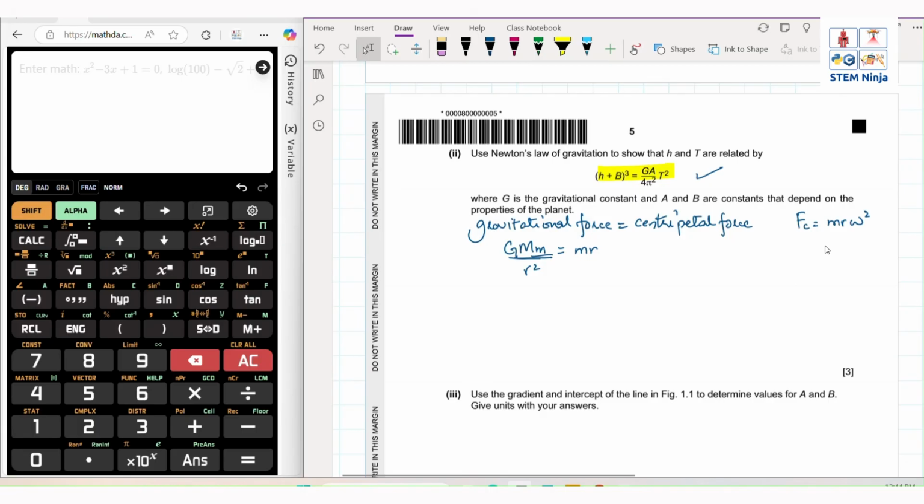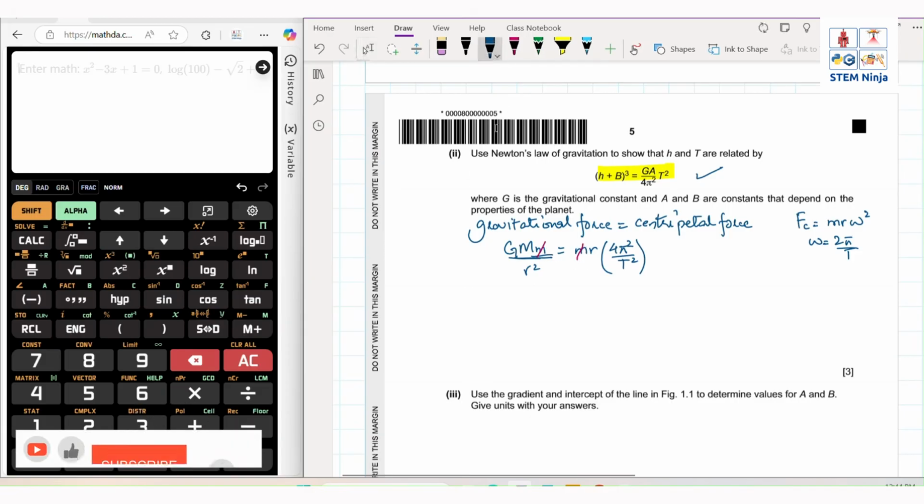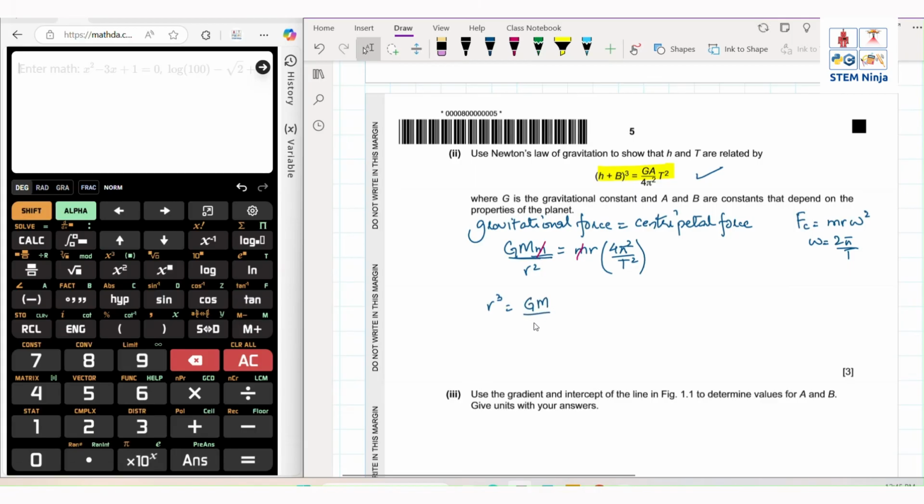Omega is 2 pi over T, so we can go straight to 4 pi squared over T squared. Now when we rearrange this equation, first we cancel out the m of the satellite. This becomes R cubed equals GM over 4 pi squared times T squared.